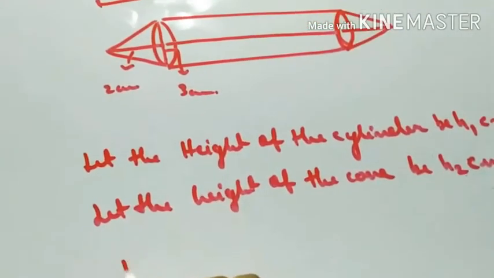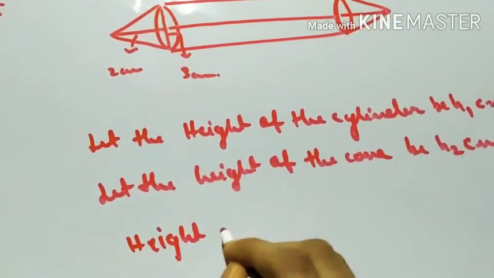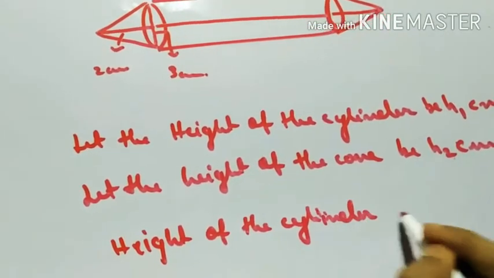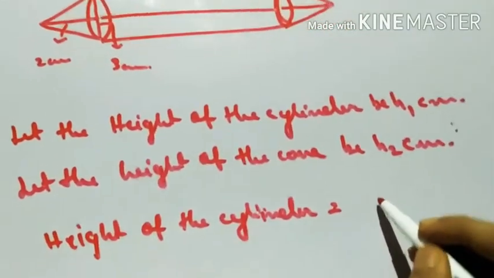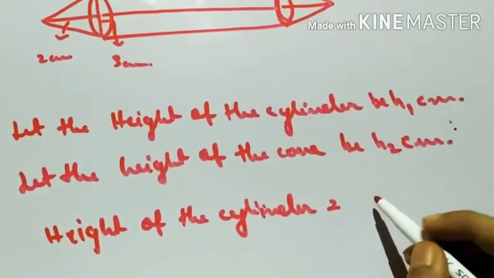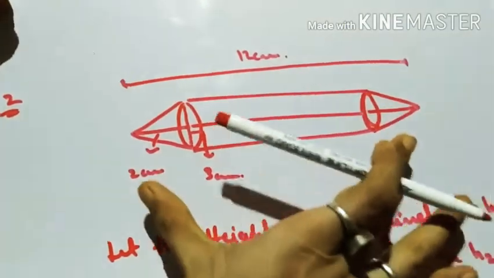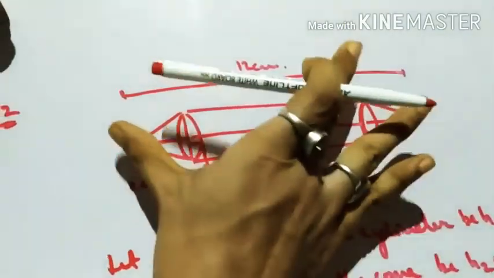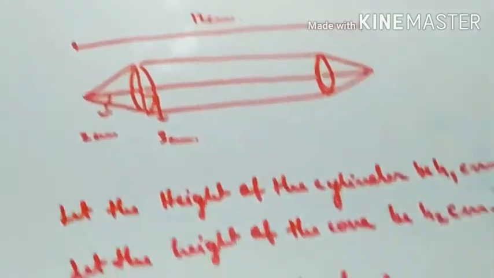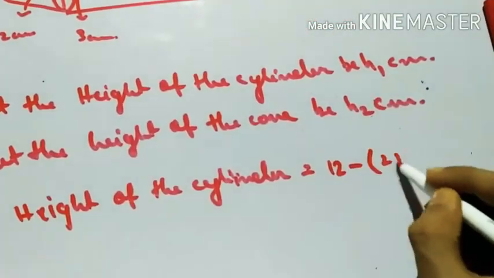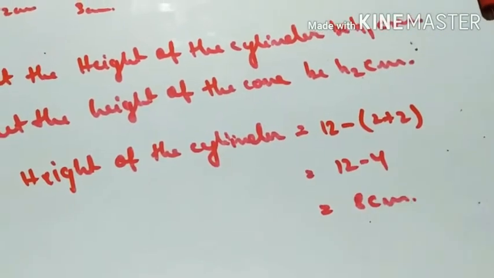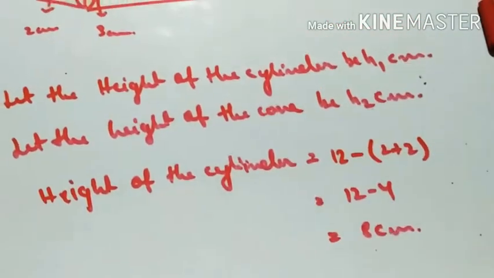Now I will find the height of the cylinder. It will be equal to 12 minus 2 plus 2, which is 12 minus 4, equal to 8 centimeter.